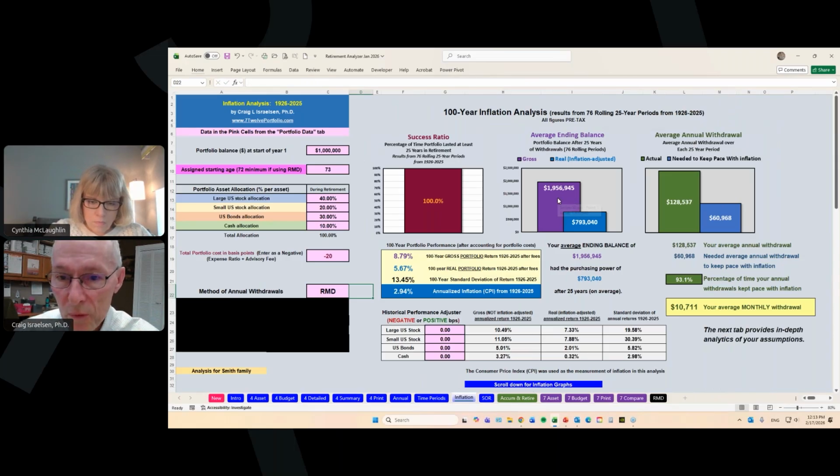So what's the real or inflation-adjusted balance of 1.9 million? It's 793,000. That's the purchasing power of a balance of 1.956 million, 25 years hence.